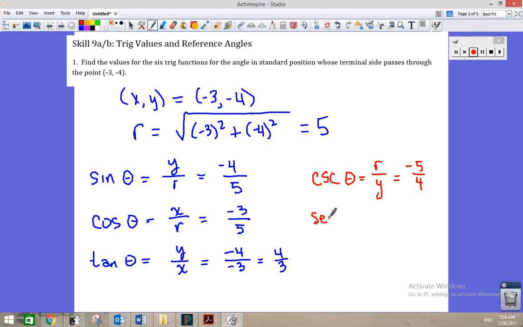The secant of theta is r over x, and that's -5/3, and the cotangent of angle theta is x over y, and the negatives cancel, and that's 3 over 4.